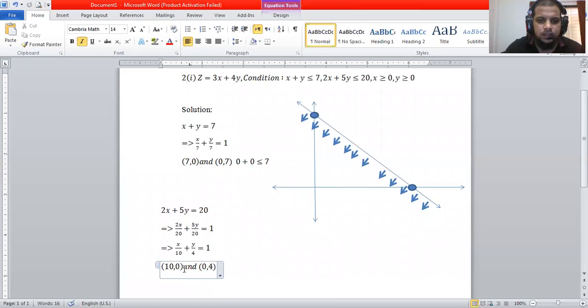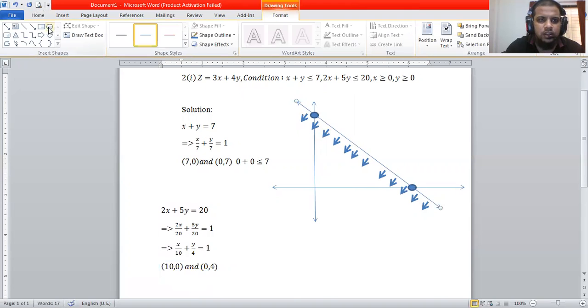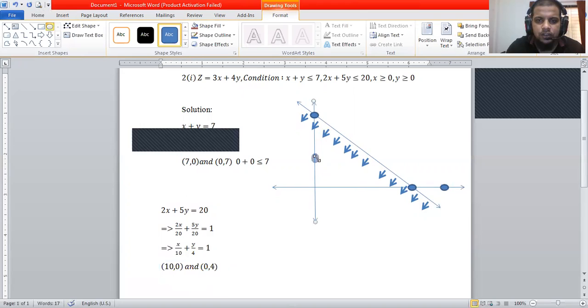Where is (10, 0)? It is beyond (7, 0). It is (10, 0), and it is (0, 4).